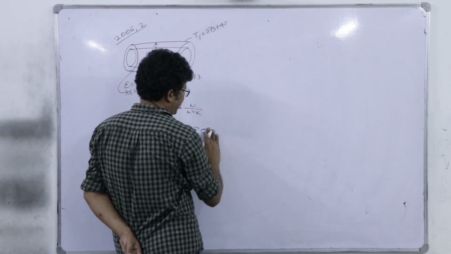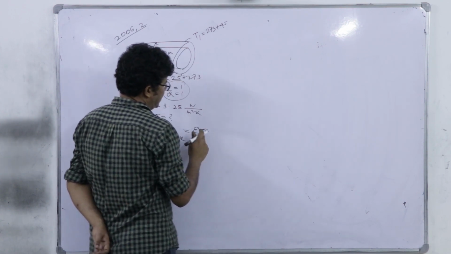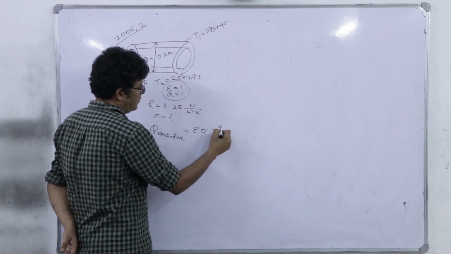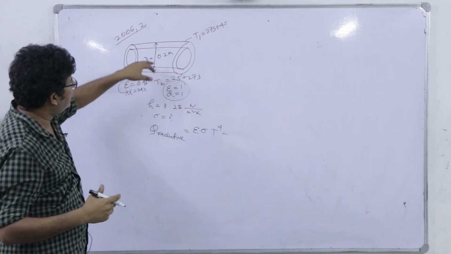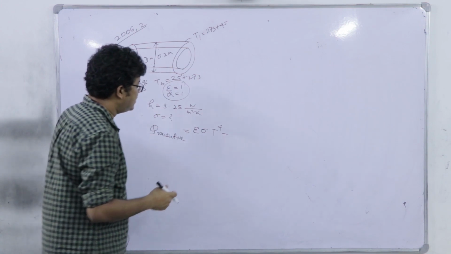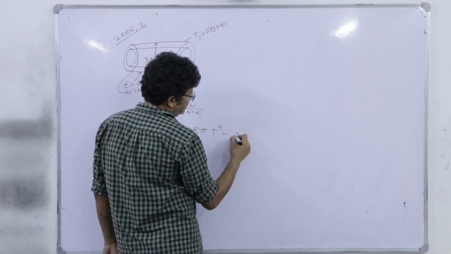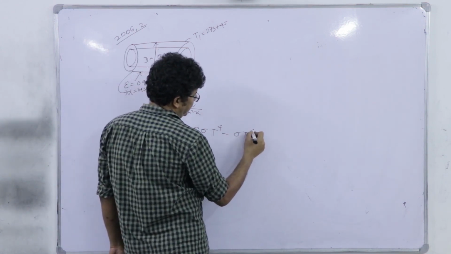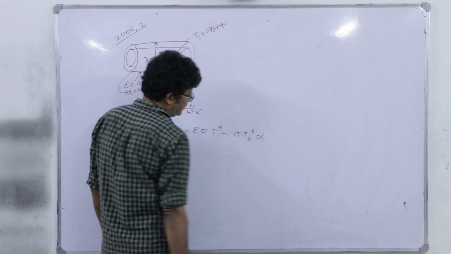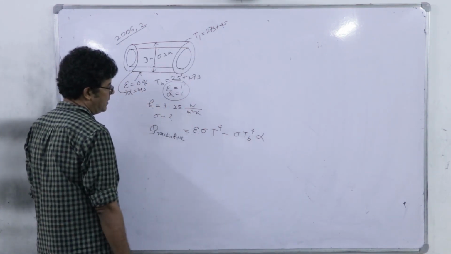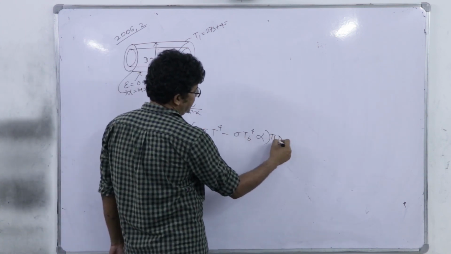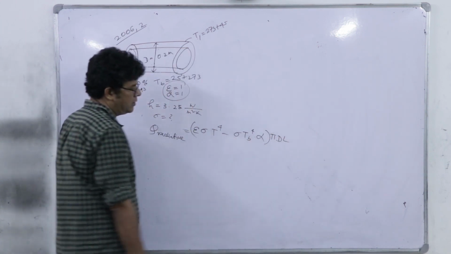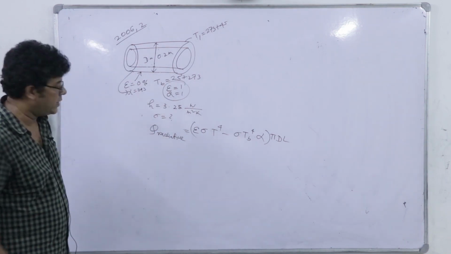I am not writing the numerical value. Sigma into epsilon into T to the power 4, that is the energy loss. And it is also gaining heat from the black body. How much is the flux? Sigma into TB to the power 4, and there is an absorptivity, so multiplied by alpha. This multiplied by pi d L, L is unknown, is the radiative heat flow rate.